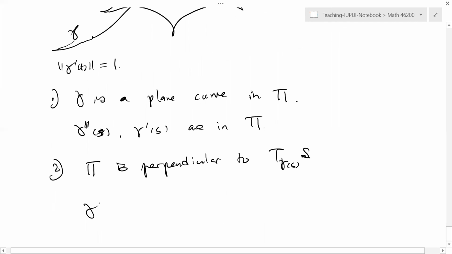So that means gamma double prime, the cross product, this is the normal vector to the plane, is perpendicular to the normal vector.